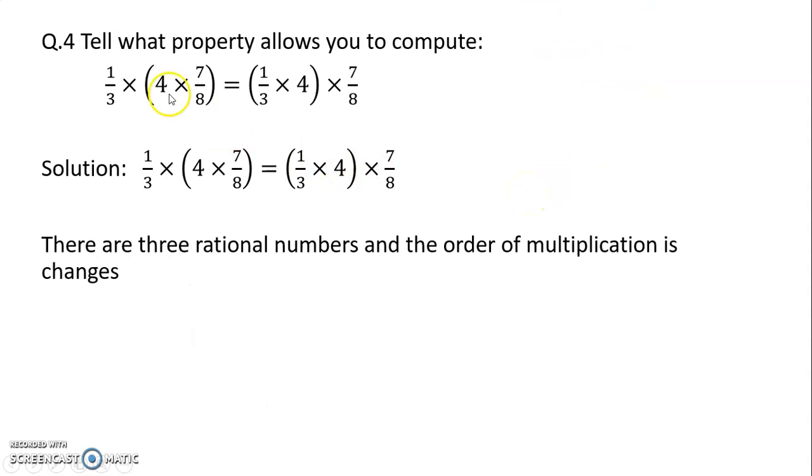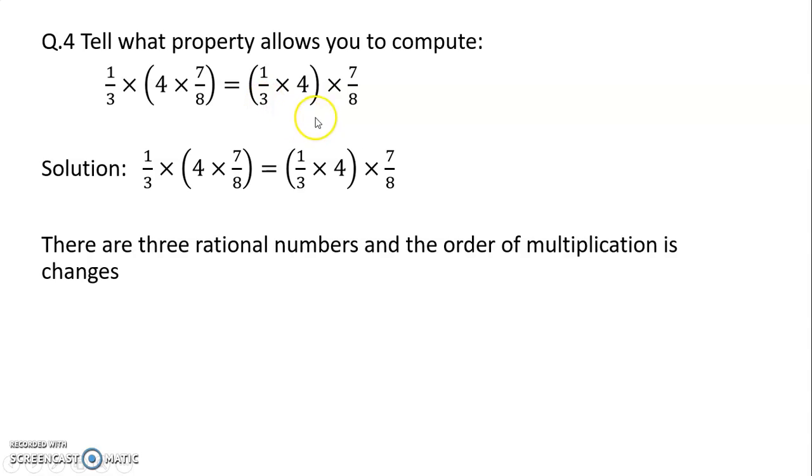Now this is a question. Tell what property. We have studied about the properties of the rational numbers. So see one question. Tell what property allows you to compute 1 by 3 multiplied by the bracket of 4 multiplied by 7 by 8. They have put a bracket over 4 and 7 by 8.